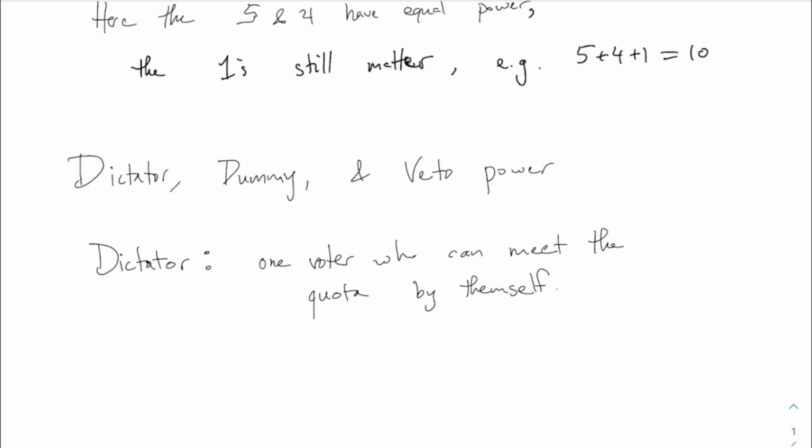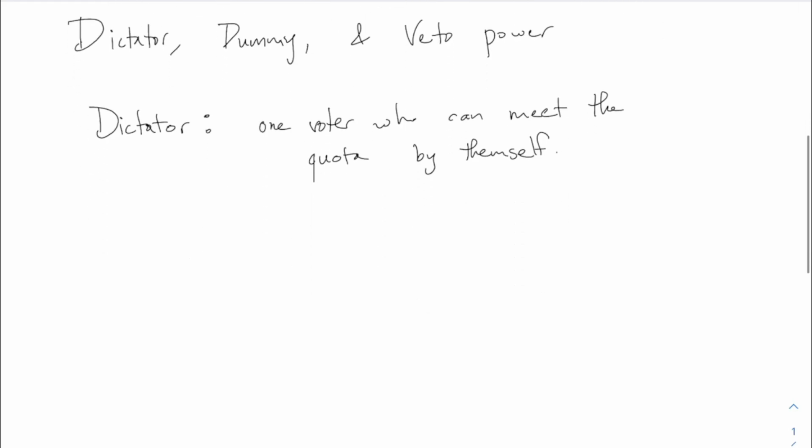And a dictator is very easy to tell. When you look at the numbers, just one of the numbers is greater than the quota. So an example would be something like, if I have, say, 10, but then 11, 5, 1. Is there a dictator here? Yes, the 11 is a dictator here, and the others are not. That's because the 11 can meet the quota already all by themselves. So this 11 is a dictator. All right? It's always very easy to tell if there's a dictator.